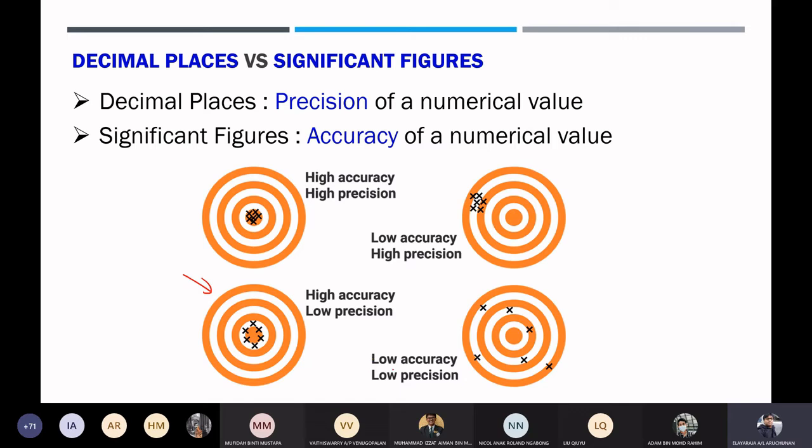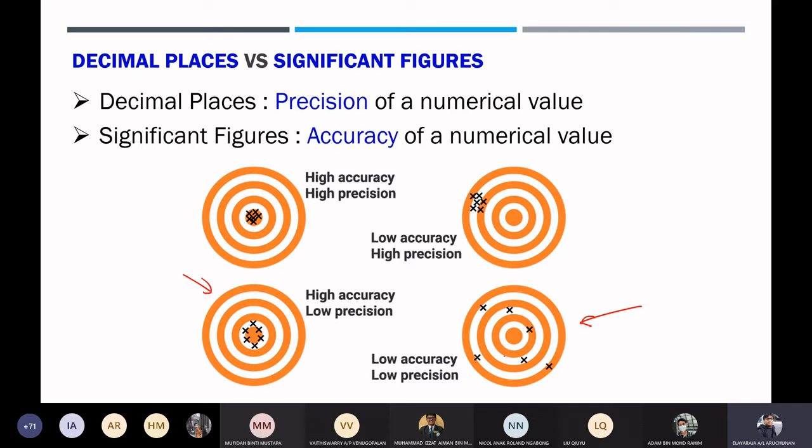And obviously you can see the last diagram, the bullseye here, is called low accuracy because none of the target shots appear on the center, they are just scattered around the bullseye, and the targeted shots are far away from one another.